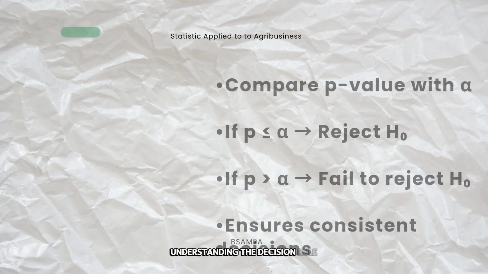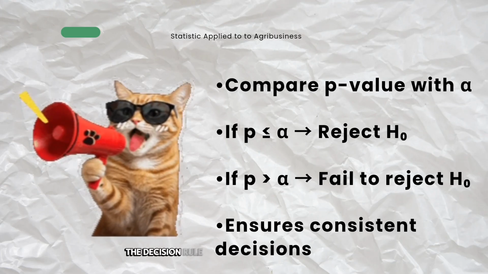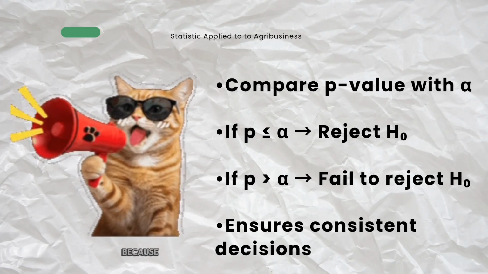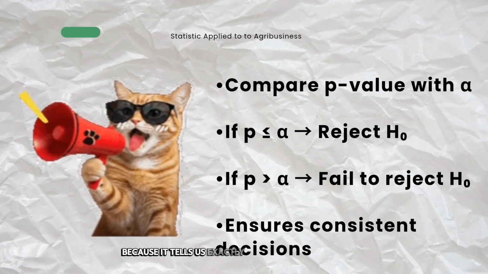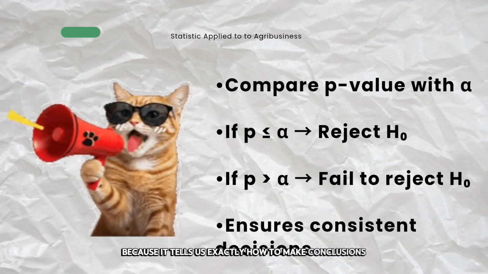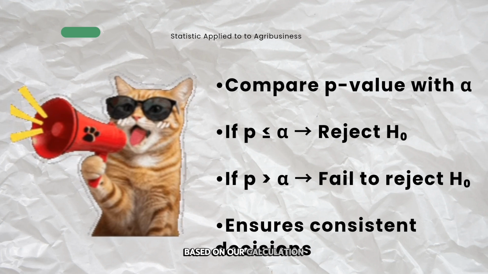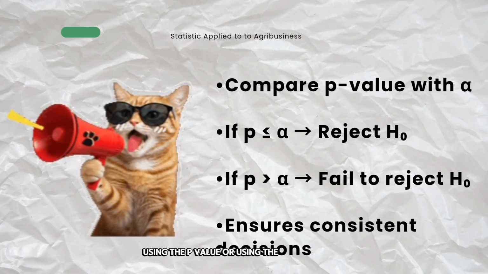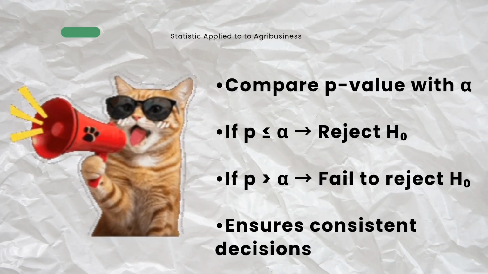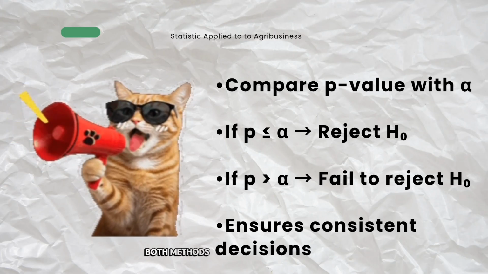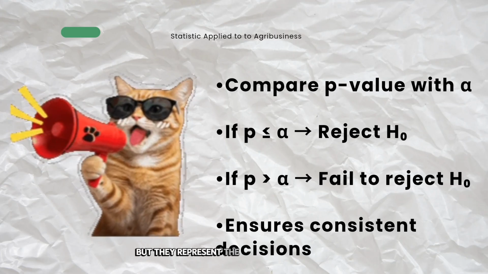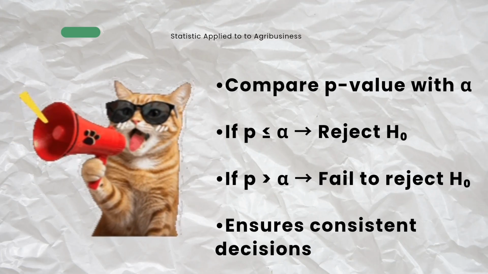Understanding the decision rule. The decision rule is a key part of hypothesis testing because it tells us exactly how to make conclusions based on our calculation. There are two common approaches, using the p-value or using the critical value. Both methods lead to the same conclusion, but they represent the information differently.